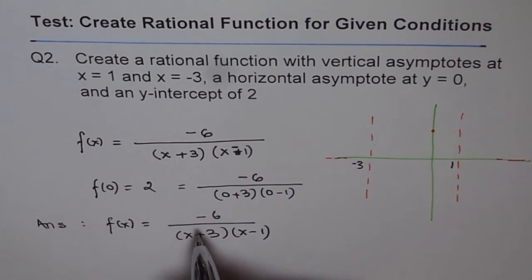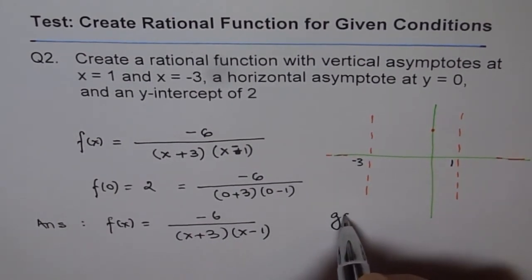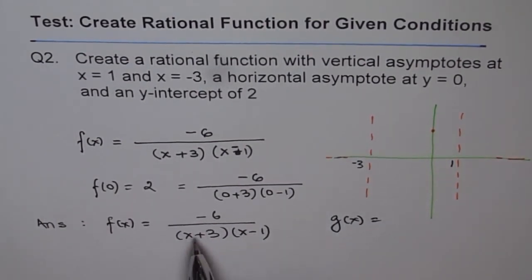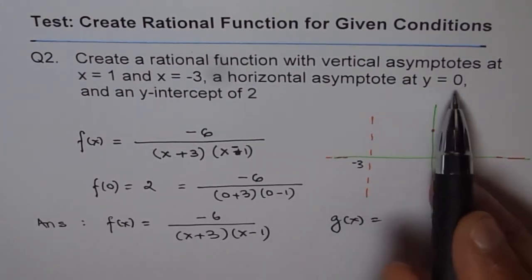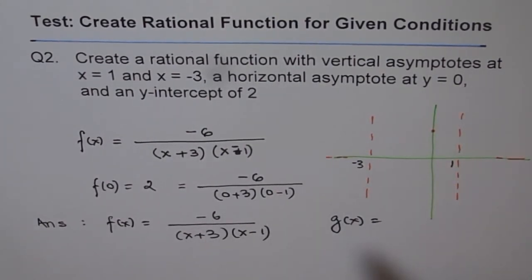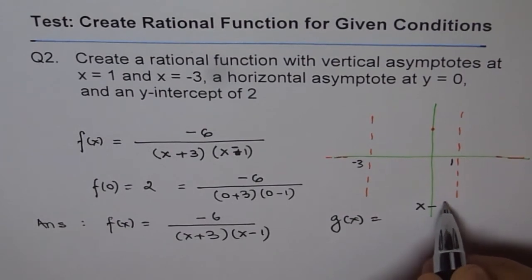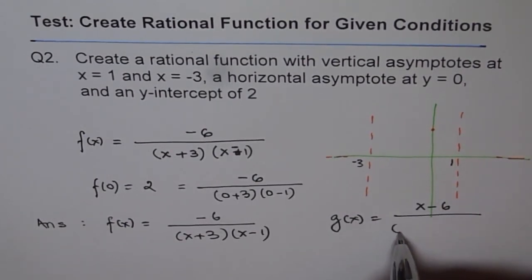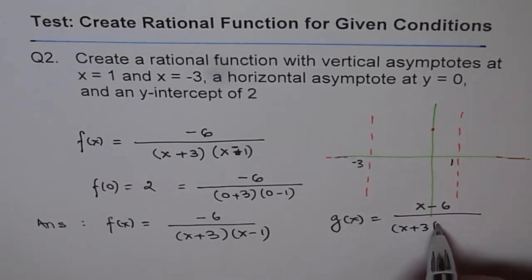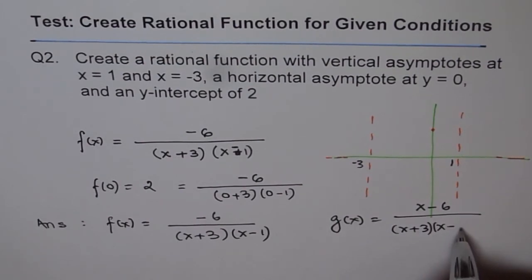I could have given an alternate solution for this, as some of you could do. We know that for a horizontal asymptote of y equals 0, the degree of the numerator should be less than the denominator's. So I could have even written x minus 6 over x plus 3 times x minus 1.